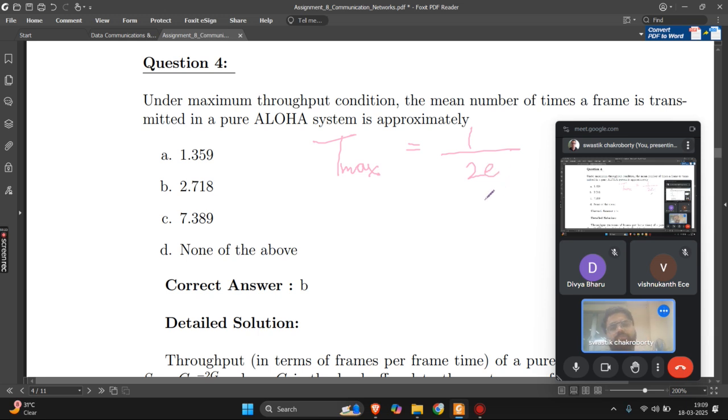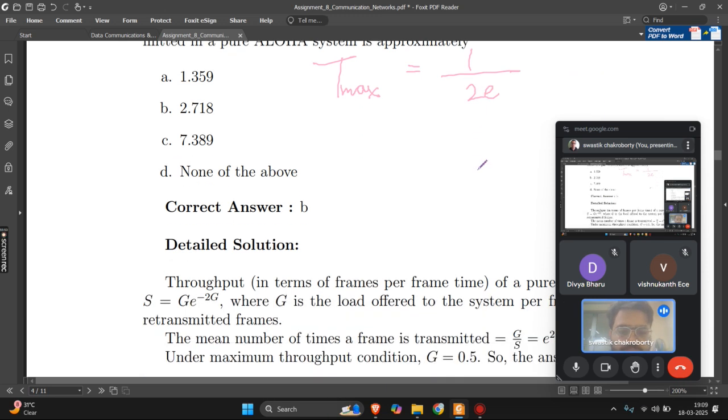This is the maximum throughput, and it is constant. So 1 by 2e is the throughput, meaning the fraction of frames that are getting successfully transmitted.